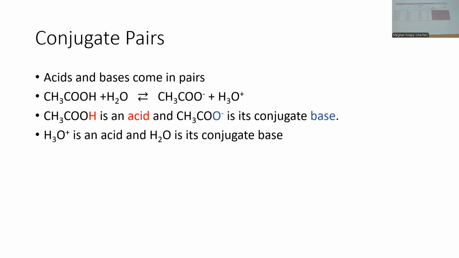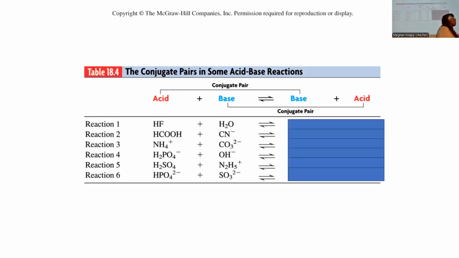All right, so on this reaction, the first line, we've got HF mixed with water. What is going to be the conjugate base of HF? Just F. But because hydrogen is positive, that means it's leaving behind an electron, so it's going to be F minus.